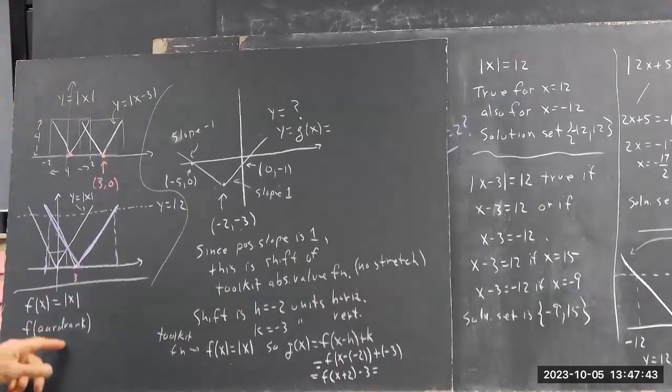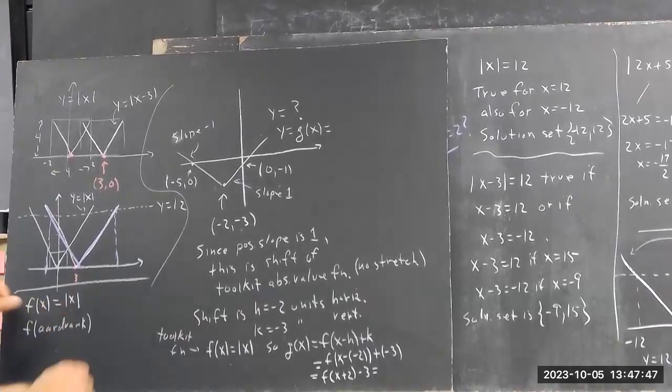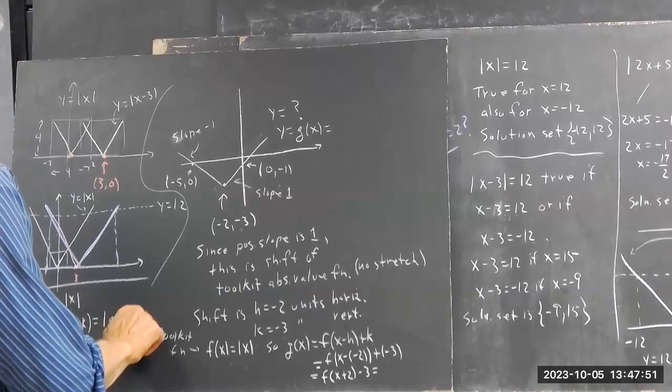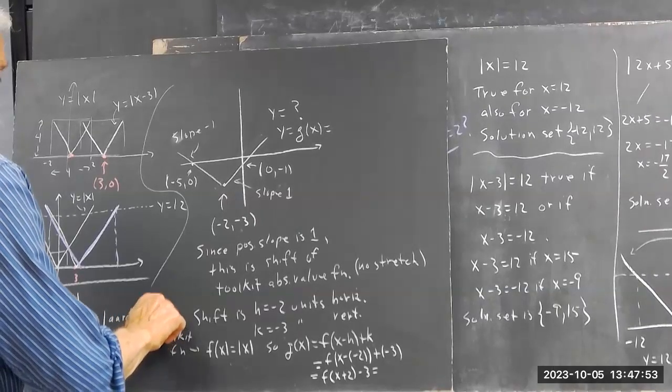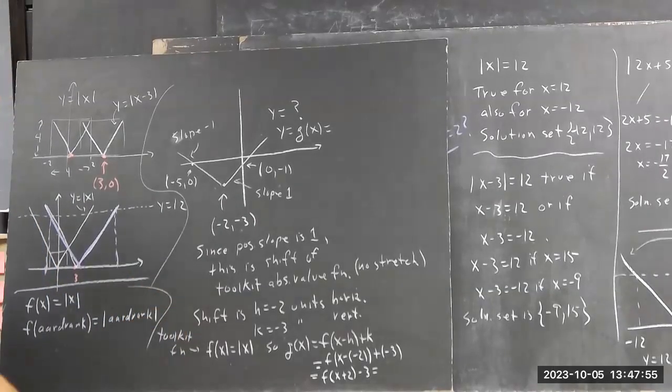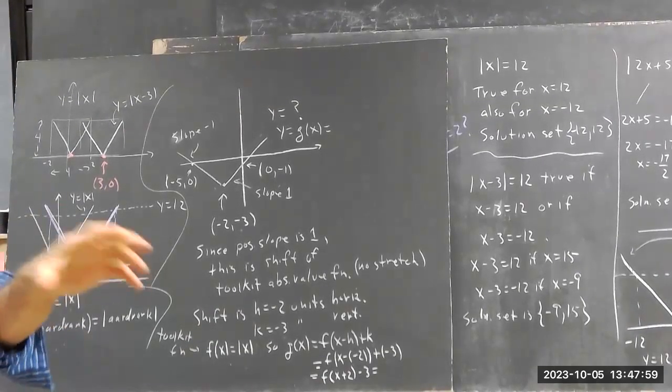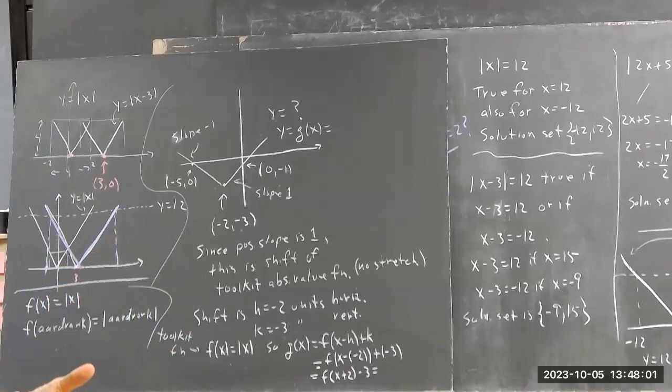If I want f of any aardvark, that means I've replaced x by aardvark, so that's going to replace this x by aardvark. This is something we really need to get straight, or we're not going to understand the transformations, which are really fundamental. So anyhow, there's f of aardvark.